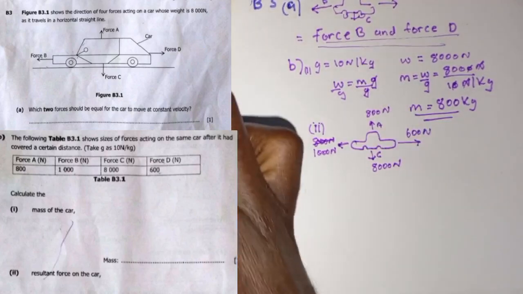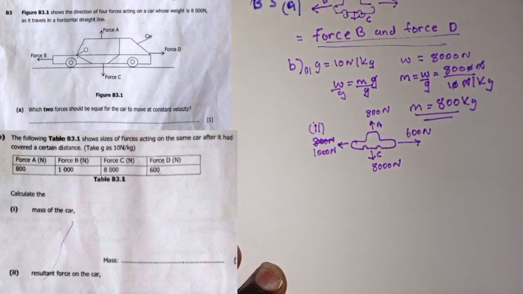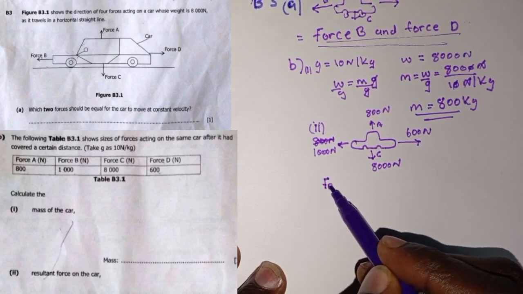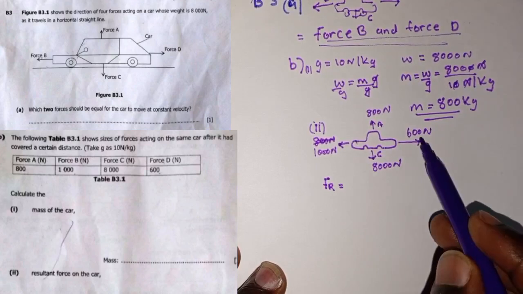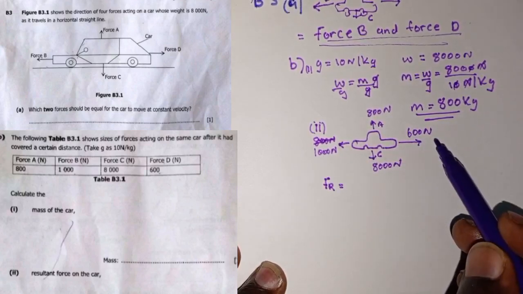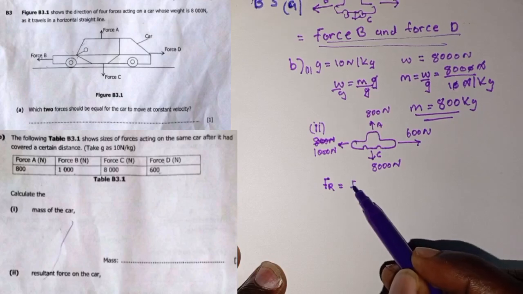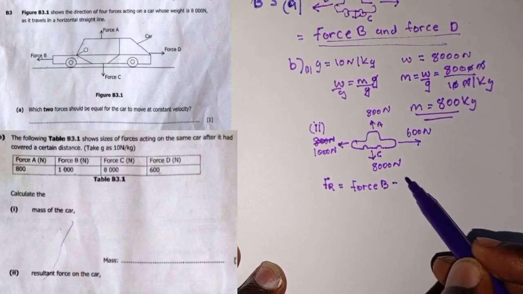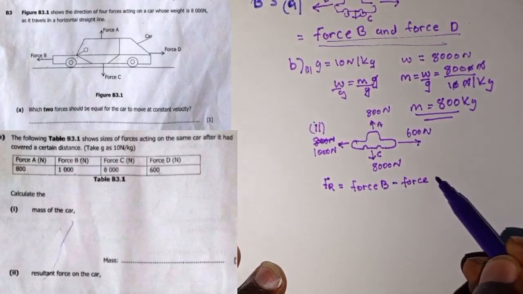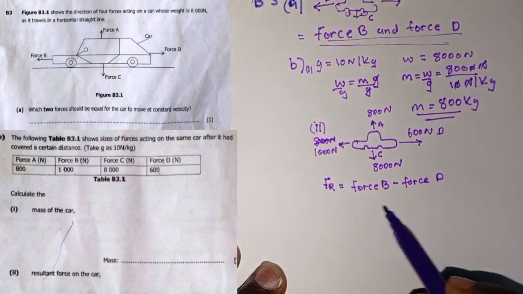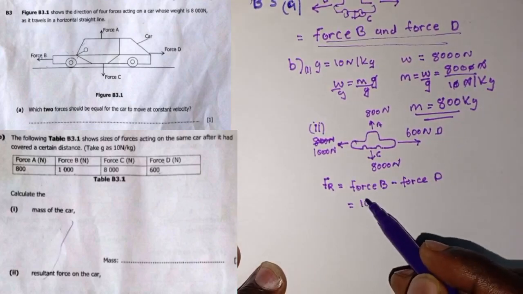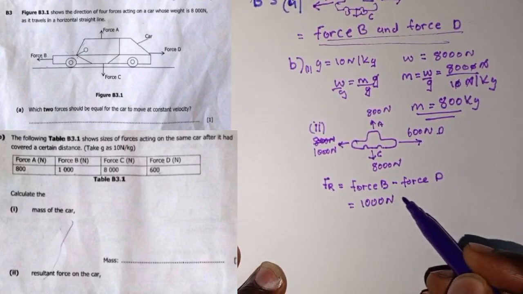So now the resultant force on the car. We have forces that will cancel each other. So the resultant force will be force B minus force D. Force B is 1,000 Newton.